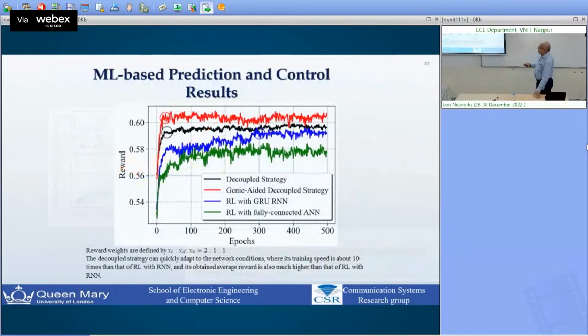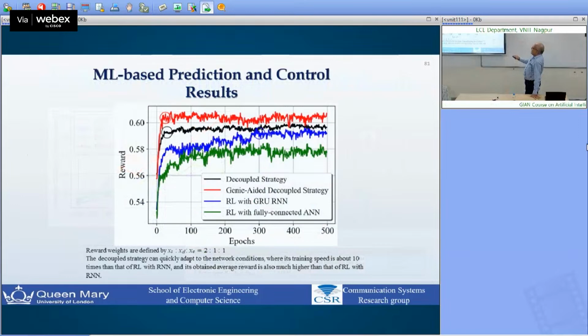Then we learn about the reward. Here we considered the weight factors 2, 1, 1. We can select some other values. What we found is that when we decouple the load prediction and the reinforcement learning for dynamically changing the parameters, the convergence is 10 times faster than the other schemes.